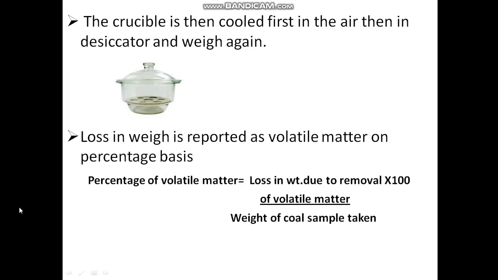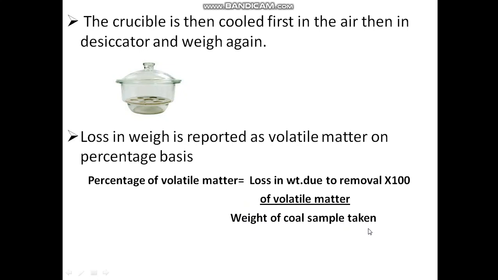So here again, the percentage of volatile matter is the loss in weight due to removal of the volatile matter. So whatever weight we are getting here, we put as the loss in weight due to the removal of the volatile matter into 100 upon weight of the coal sample taken.